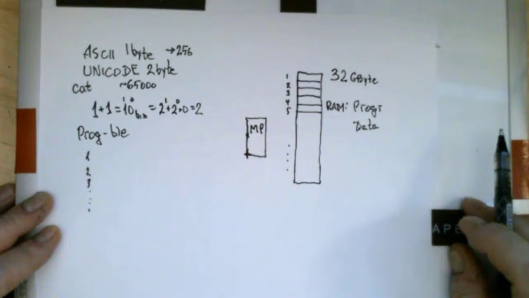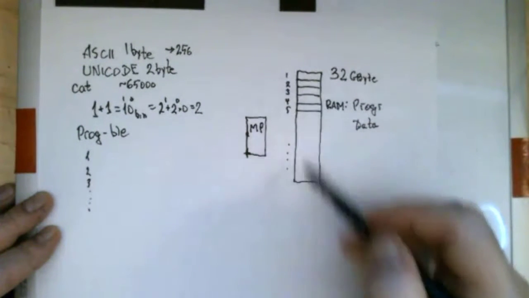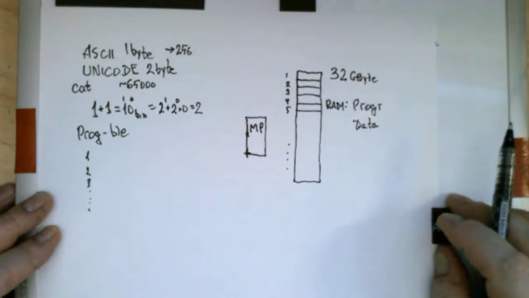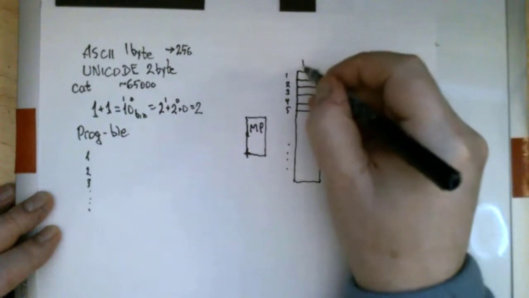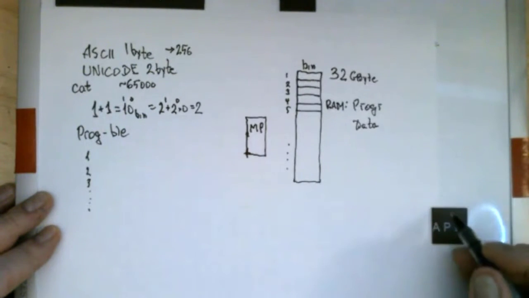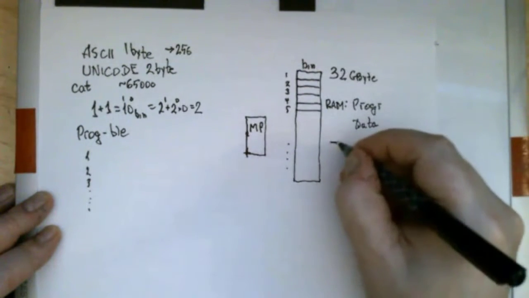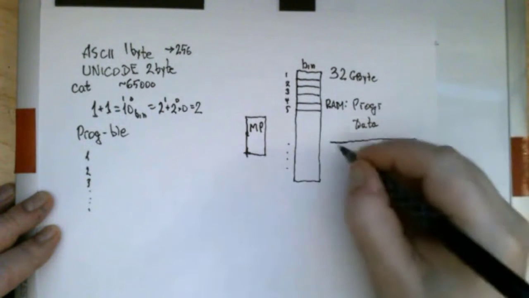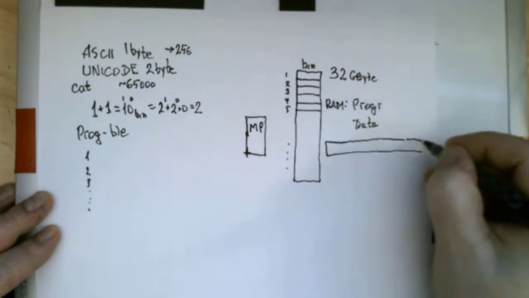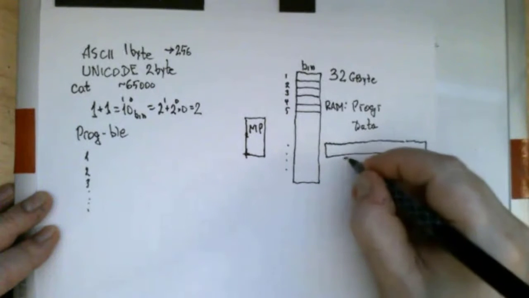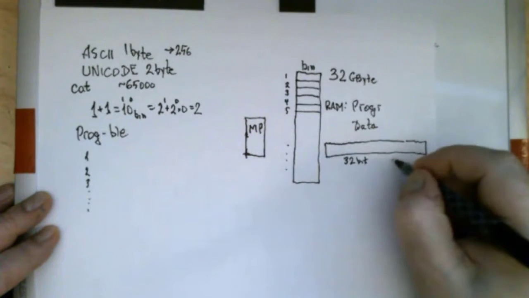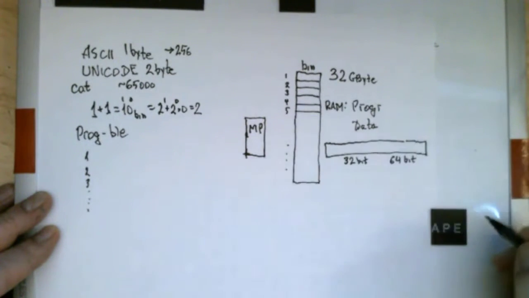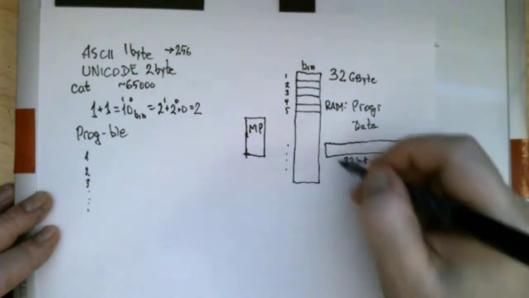Why did I say encoded? Because RAM is made to memorize binary information. It's binary. It has little cells that contain bytes. And if I open a cell of the memory, you will see in some cases a 32-bit, and in some cases a 64-bit binary cell. What does binary cell mean?